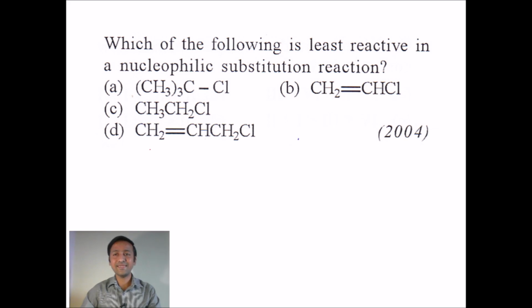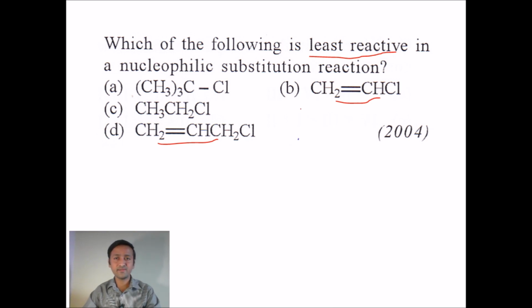Which of the following is least reactive in nucleophilic substitution reaction? Least reactive. You can see the options given here first. First is tertiary butyl chloride, second vinyl chloride, third ethyl chloride, and the last one is allyl chloride, or allylic chloride. We already solved questions based on comparing the reactivity of haloarenes and haloalkanes.